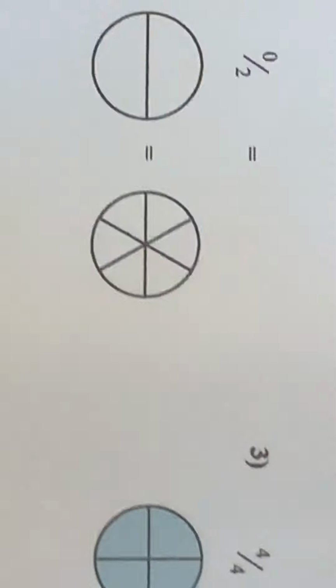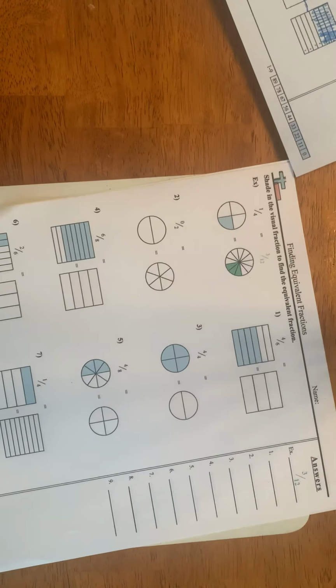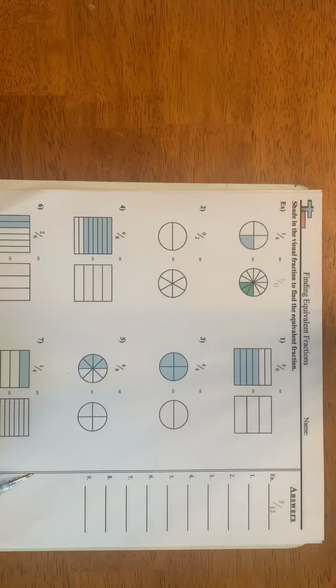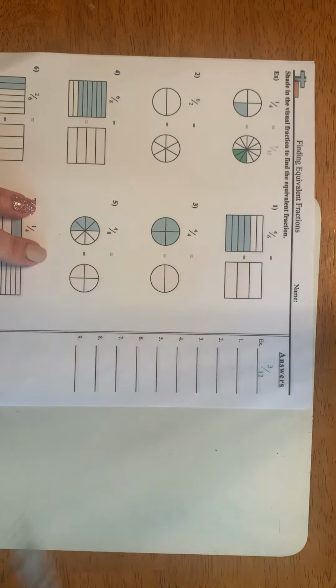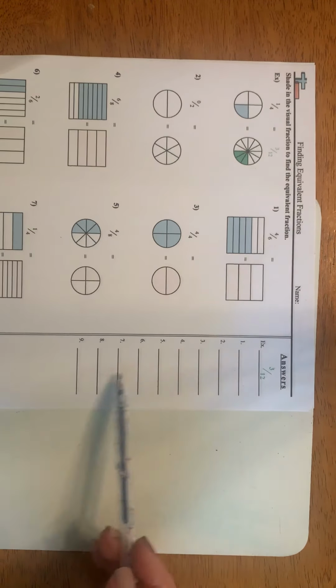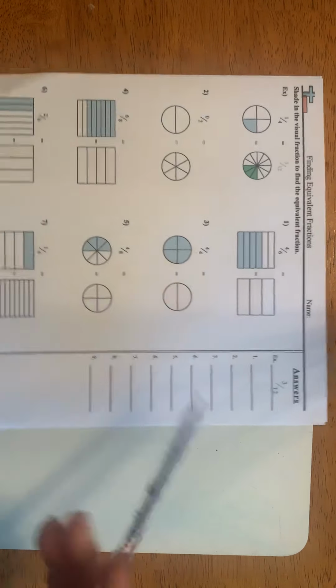Now, I hope you did that with me, because now, listen, I have attached a link to this worksheet, okay? Let me see if I can zoom on out. I have attached a worksheet just like we just did, okay? I'm going to ask you to write your final answers over here. So when you take a picture of your image and send it to me, you're going to have your answers here and I can just check.